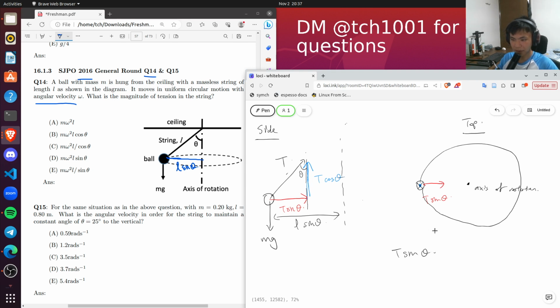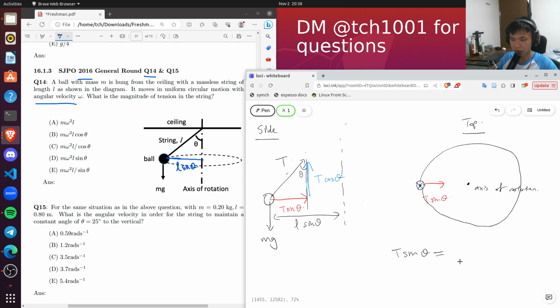T sine theta only. With this net force, you can see that there's a net force acting towards the center of rotation, pointing towards the axis of rotation. The net force in this case is the force that's going to provide the centripetal force required to keep the object in circular motion.